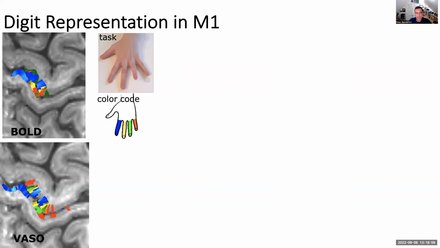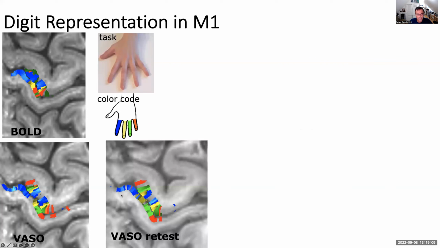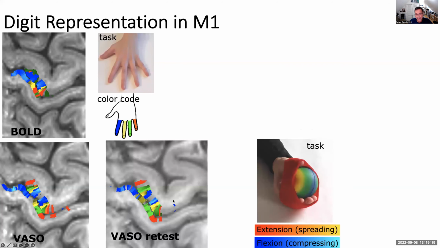There's sort of a mirror image pattern that seems to emerge where the pinky finger shows activation, it goes down to the index finger, and then it flips from the index finger back to the pinky finger. And this showed really nice test-retest repeatability. As we thought about this, we thought, okay, let's try a slightly different task and see how that maps. So we had a macroscopic task.